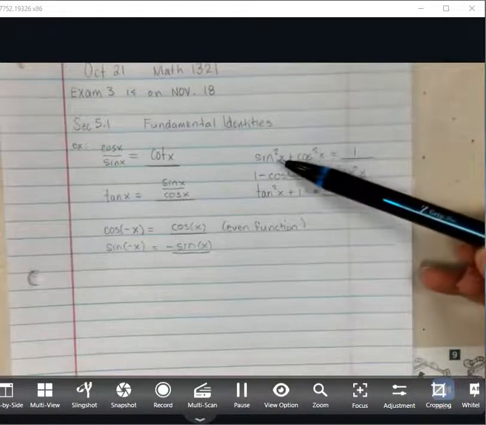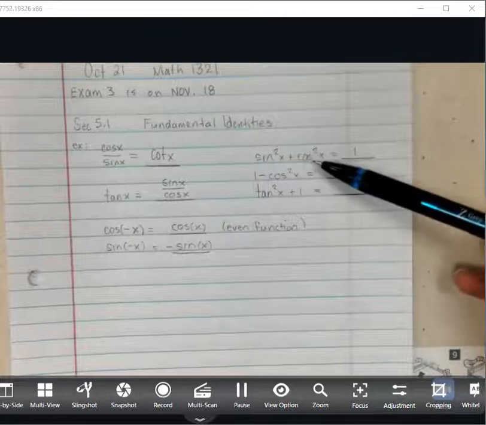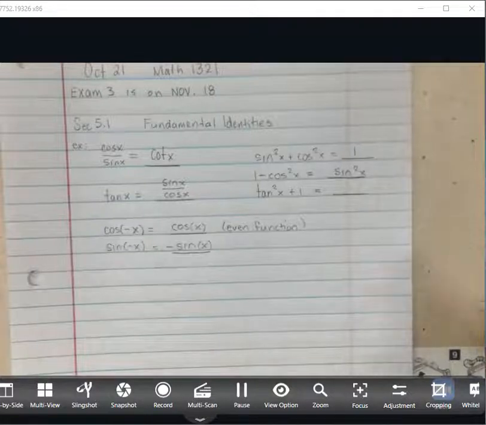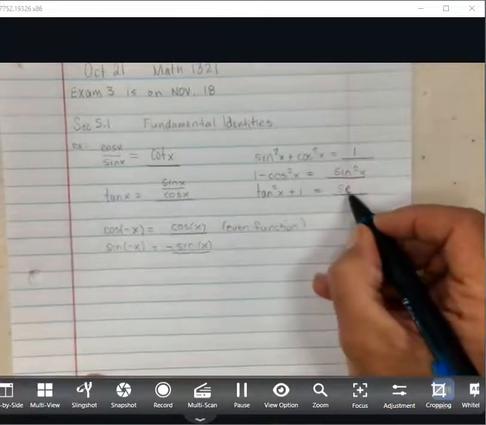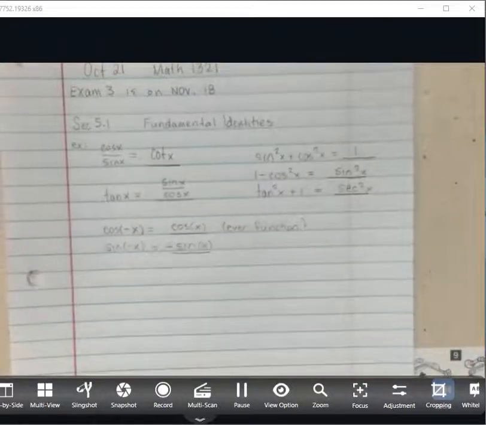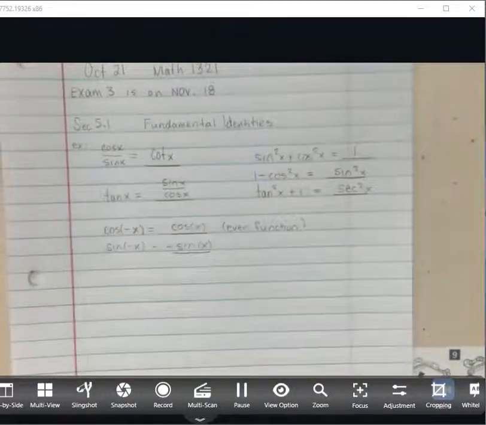Secant, right? If I'm dividing by cosine squared, that'll give me a tangent squared. That'll give me plus 1, and 1 over cosine squared is secant squared. And if I want to rearrange that, I can also say that secant squared of x minus 1 is equal to tangent squared.